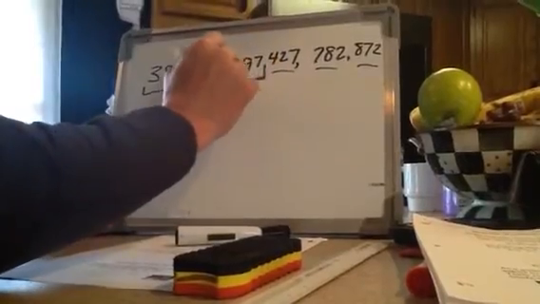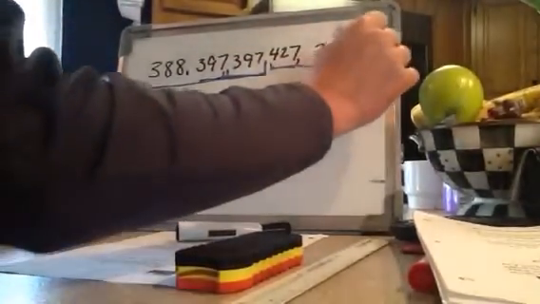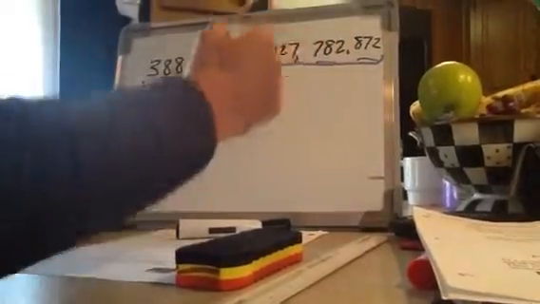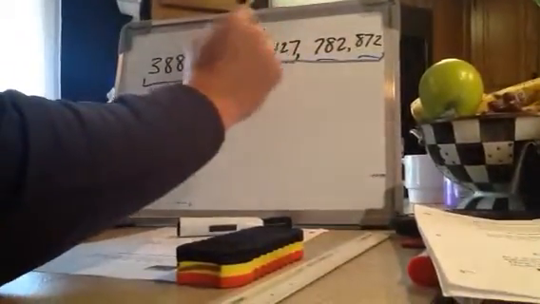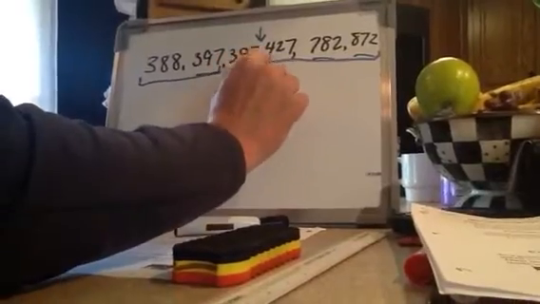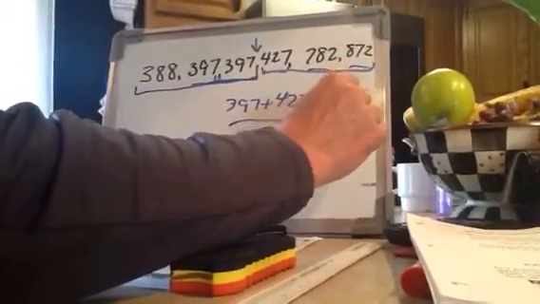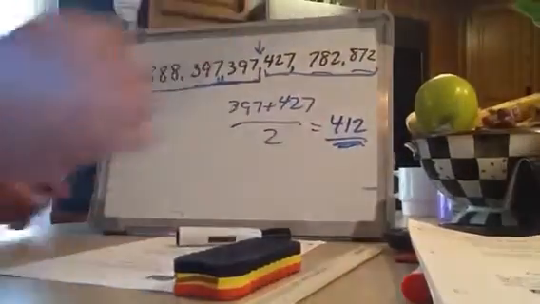You could look at all three of these, and say, okay, the middle number is right there. All right, so there's 2 ways where your brain is thinking. But the bottom line, if you have an even set, then you take 397 plus 427, divide it by 2, and our median is going to be 412.